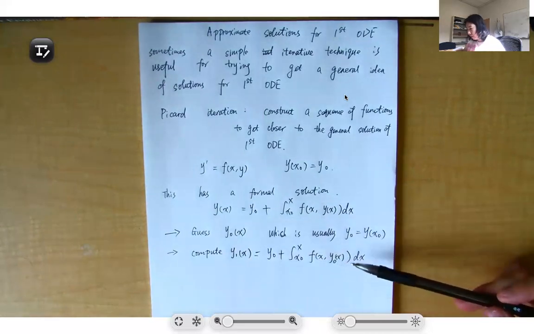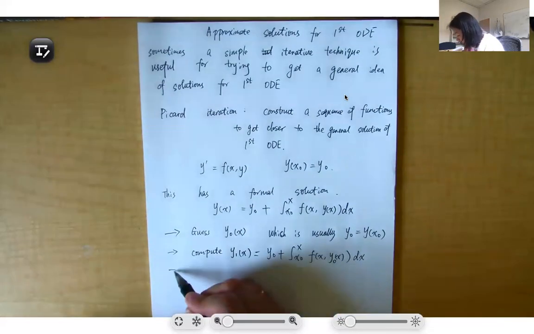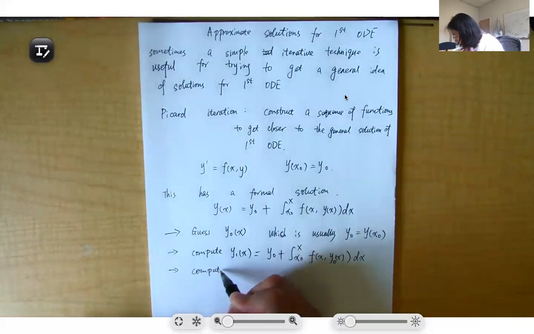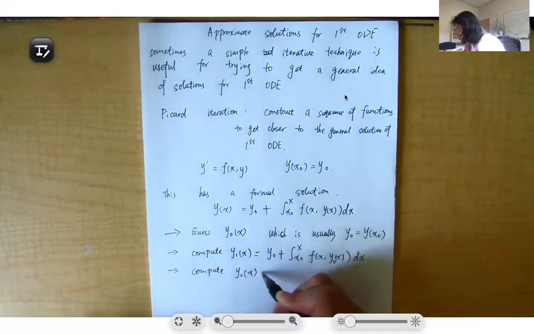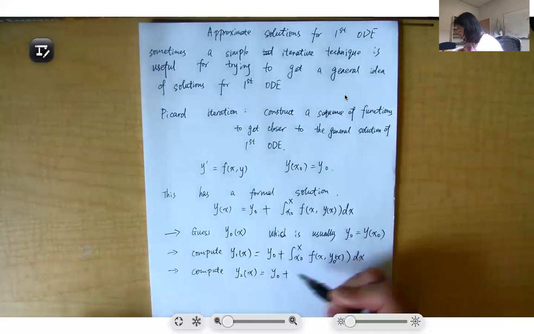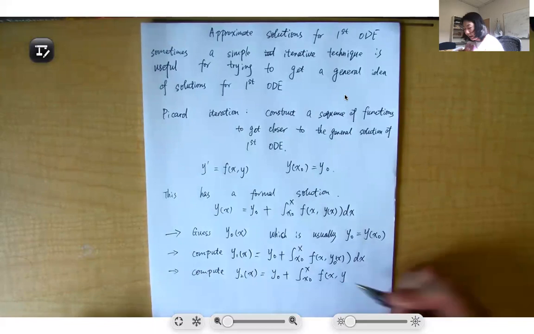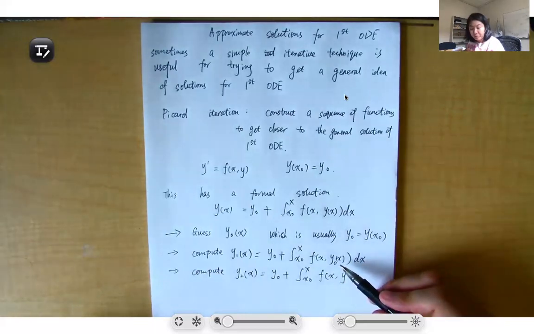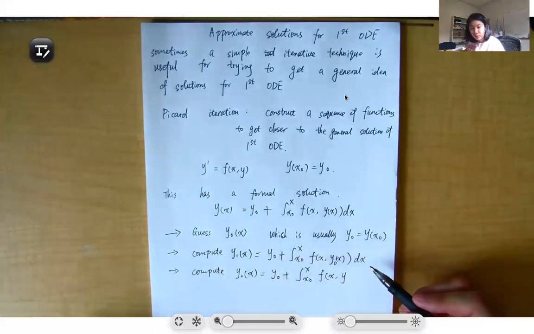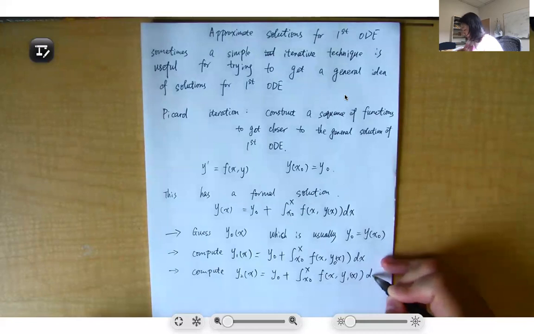Similarly, the second step is to compute y2(x), which equals y0 plus the integral from x0 to x of f(x, y1(x)) dx, where we use the already computed y1(x), which is more accurate and closer to the general solution of the first order ODE.